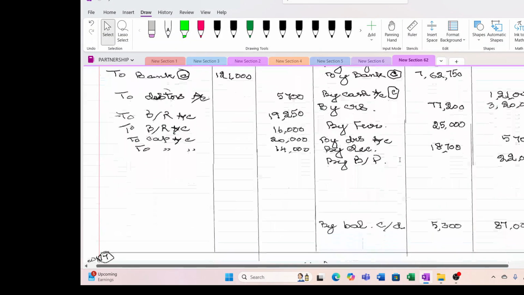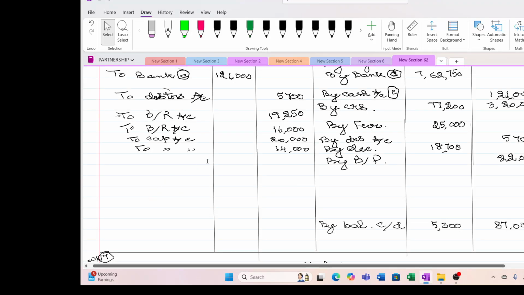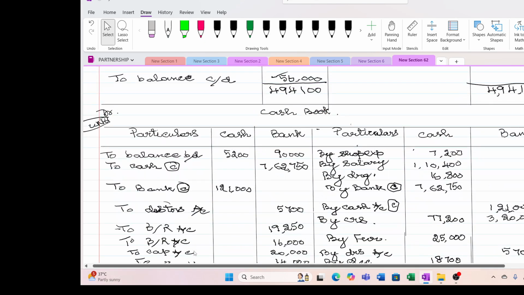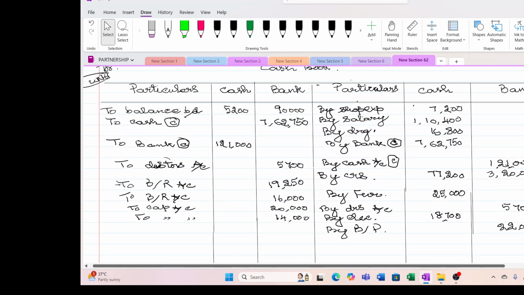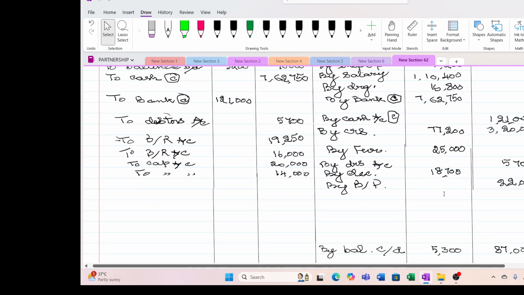So now we have to close the cash and bank. Okay. So we have entered 5,200, 1,21,000, 7,200, 1,10,400, 16,800, 762,750, 77,200, 25,000 and 18,700 plus 5,300.